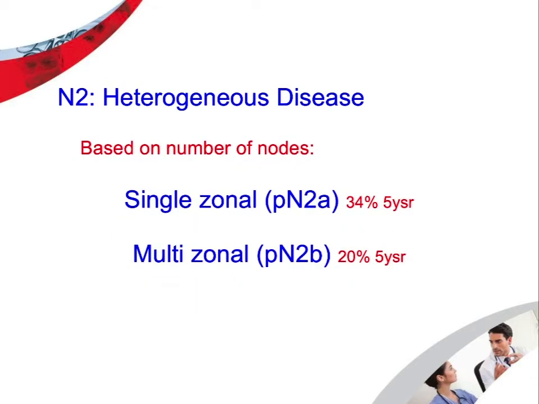There are other areas of heterogeneity of N2 disease. Again, there's a difference in prognosis between the single zonal and multizonal disease. Single zonal has a 5-year survival rate approaching 34%, and this rate drops to 20% when multizonal disease is depicted. For the sake of clarity, I need to define the difference between a station and a zone.